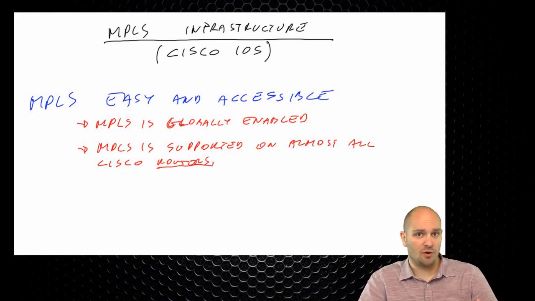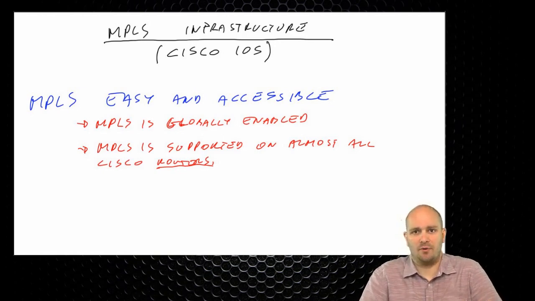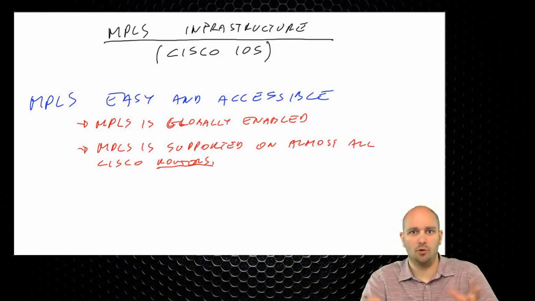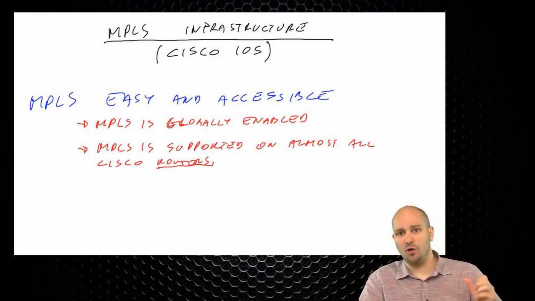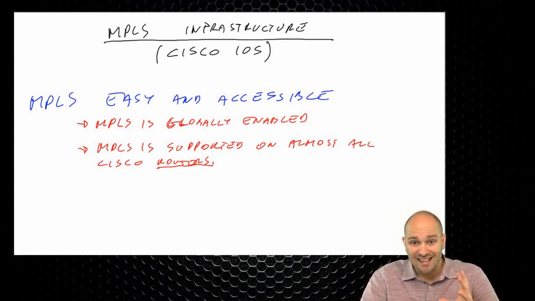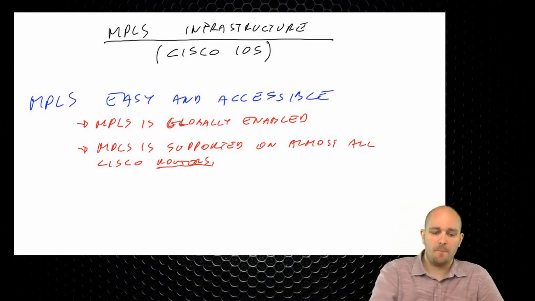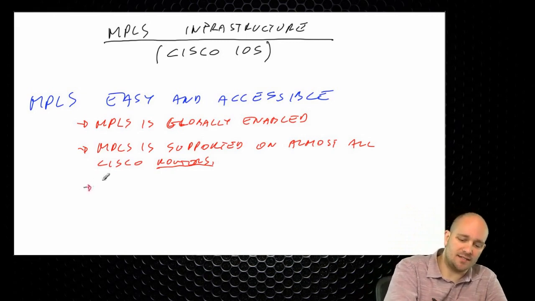Now, this is not necessarily true for switches. And by Cisco routers here, I don't mean the really low-end consumer-level devices that Cisco used to have. Of course, you're not going to see MPLS on Linksys, but by the way, I don't think that Linksys is part of Cisco anymore. But you are going to see it even on the smallest, let's say 800 or 900 series routers. It's there, it exists.